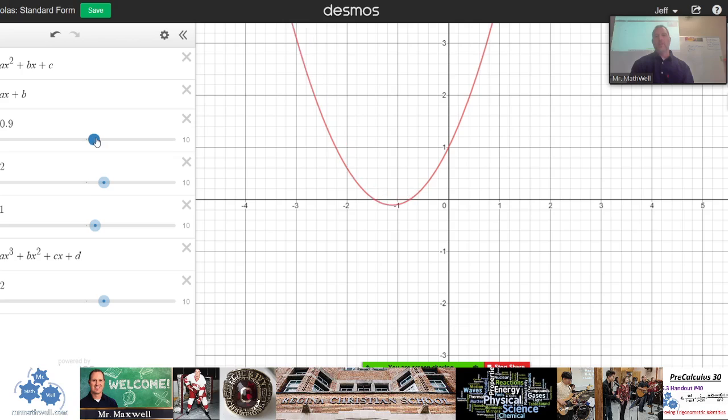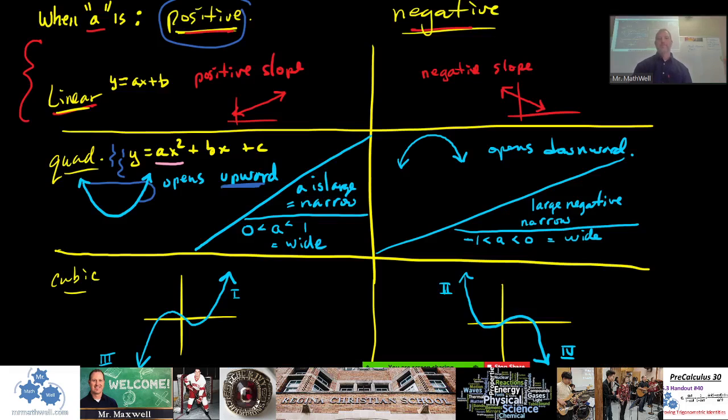When you go between 1 and 0, let's just do this here. Okay, and bring that to 0. Cool, eh? So when a is getting close to 0, look at how it flattens out. You see, it becomes very wide. Very wide. And then 1 would be there's 1, your normal width. And as a gets larger, it gets very narrow. Okay? So between 0 and 1, it's wide.